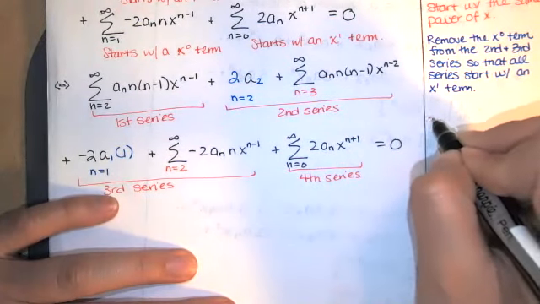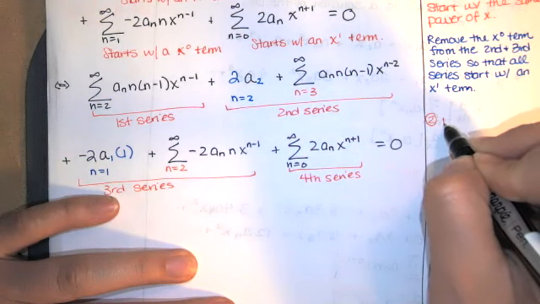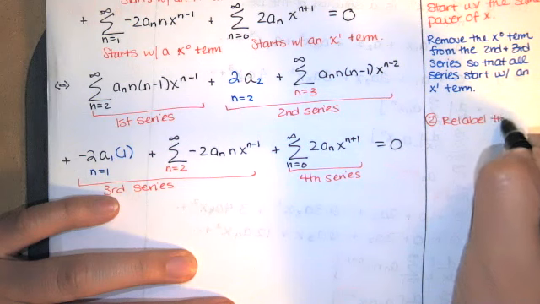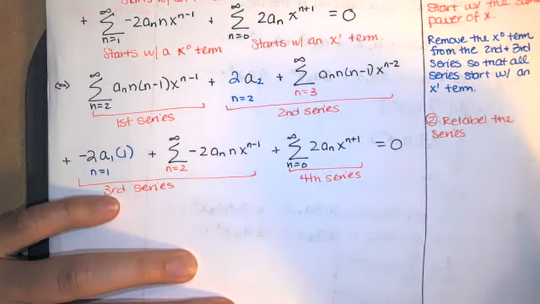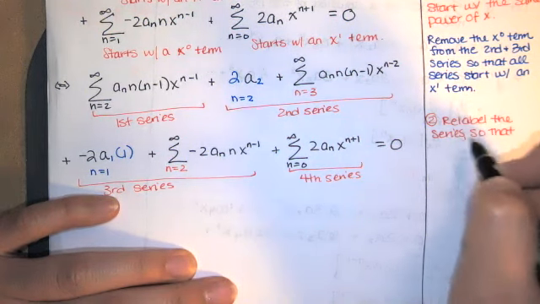The next part of this requires us to relabel the terms. So we're relabeling the series so that all series look the same.